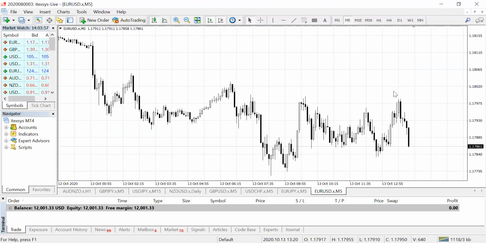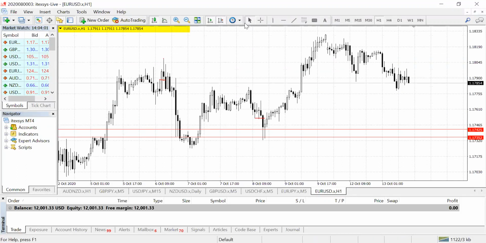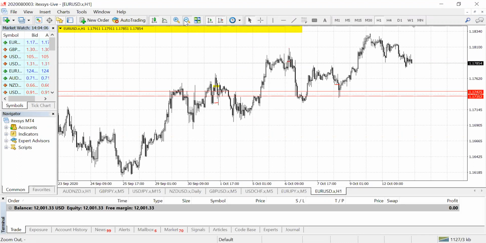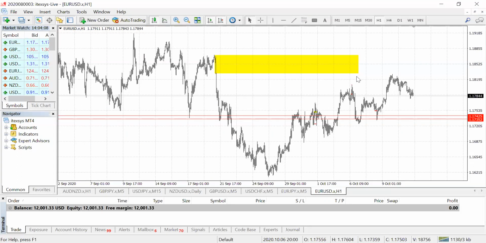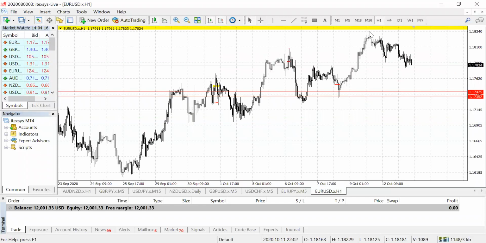We have mixed bias. If we trade to the long side, let's just remember we have a huge supply area right here. So I believe it's exactly, or maybe very close to the place it stopped right there. So if we go up, we'll have a lot of supply pushing this market down.